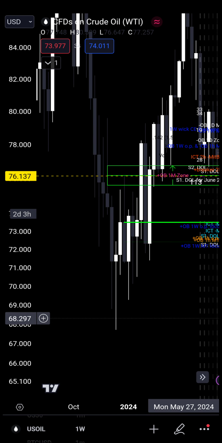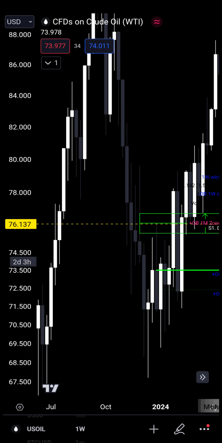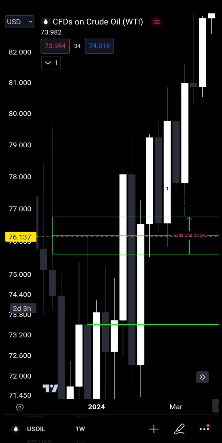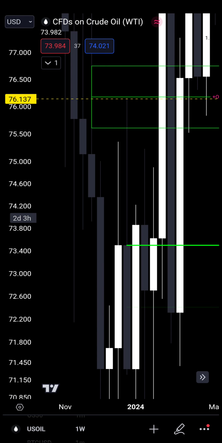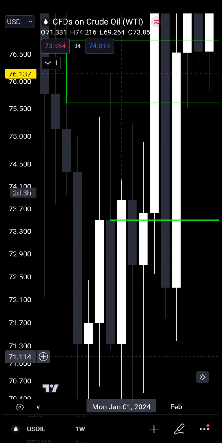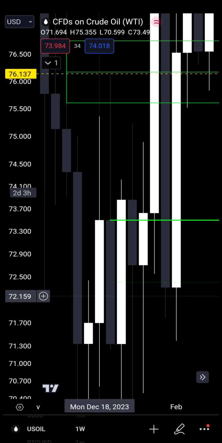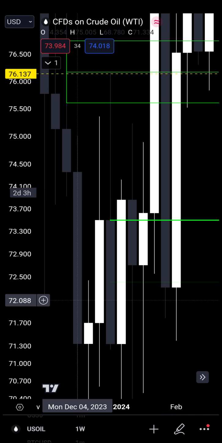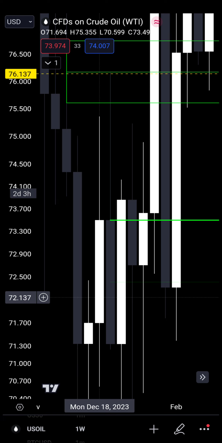When we look at the higher time frame, first off, let's go back to ICT order blocks. If you understand how this works, for the real diligent students, these two may look like order blocks right here, but you have to look at the closing price. Look at the top where it says CFDs on crude oil. This one says the closing price is 71,334.